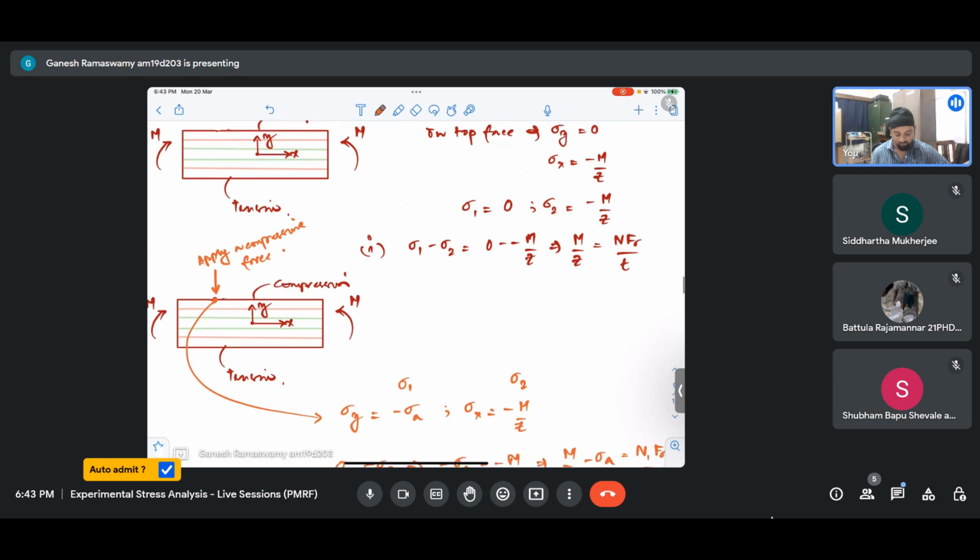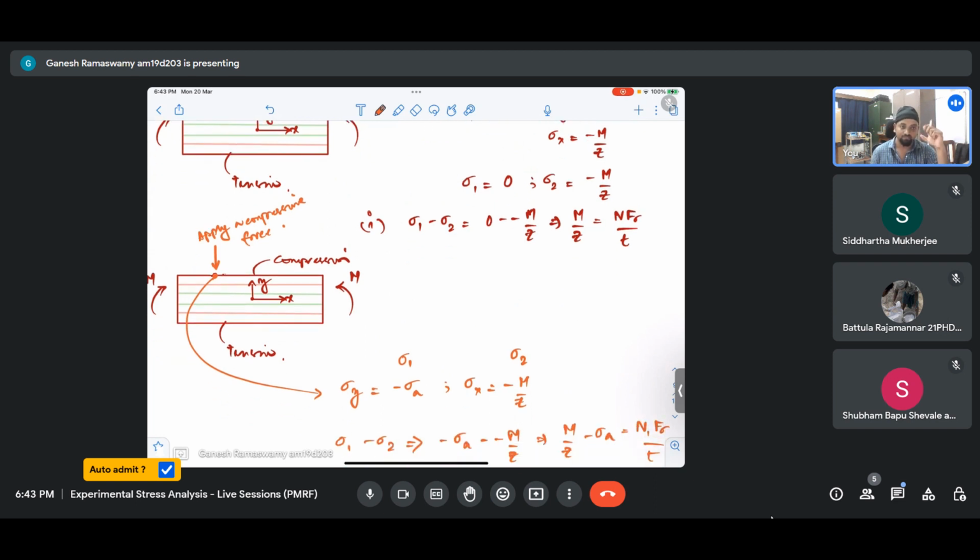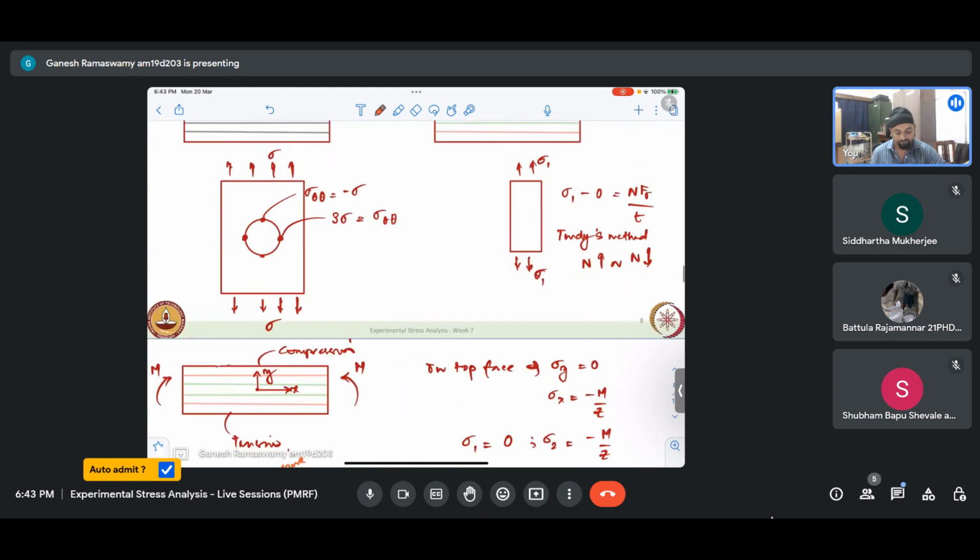Now it might not be possible to always pinch and apply a load, in which case we can use a stress frozen specimen. For example, if we take this to be a stress frozen specimen with known uniaxial tension and we hold it perpendicular and parallel to a free surface, we will be able to discern based on how the fringes actually come out.